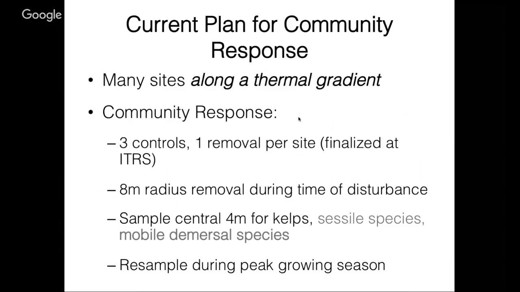Each removal has a common 8-meter radius, so remove all kelps within an 8-meter radius from a central point. And then sample the central 4 meters, so a 4 by 4 meter area, looking at sessile species as well as mobile demersal species. So do that both before the removal, implement a removal, and then a year later, so during the next peak growing season.